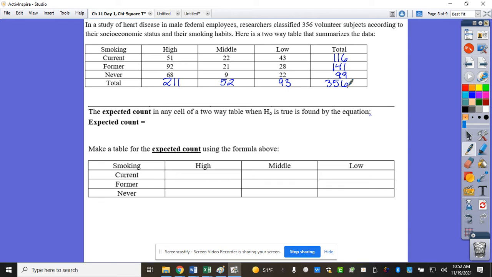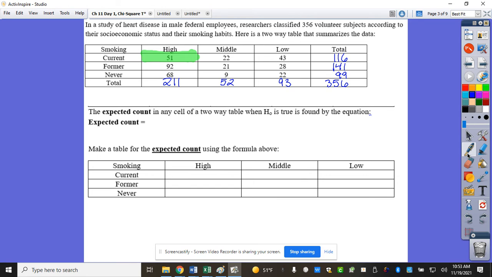So we just found totals there. So if I am thinking about this cell right here, which of my totals deal with that cell? That cell deals with what totals? 211. 211 and 116 and 356. So I need to consider my row total, my column total, and my overall total.